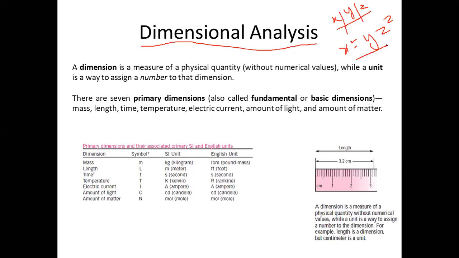But after finding this relation, I need to validate it also. How can I validate this relation? I will find the unit of x, and the units of y into z square.